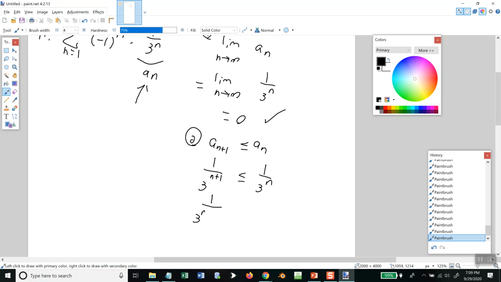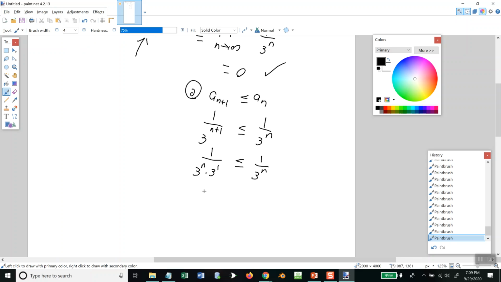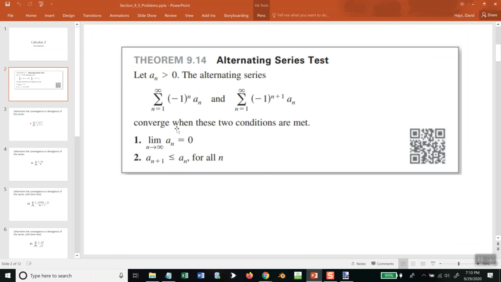Now that I can rewrite as 1 over 3 to the n times 3 to the first, and I could factor that 1/3 out. Now these are both 1 over 3 to the n. What happens when you multiply one side by a fraction? It becomes smaller. So that would be true then. So the answer on both of those is true, which means it converges.